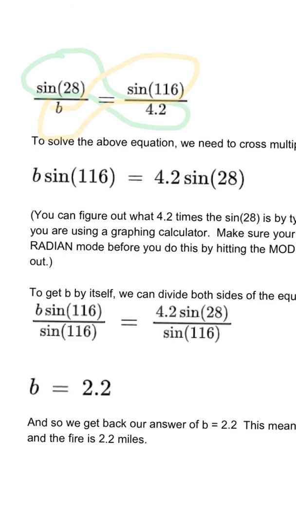So when we divide both sides of the equation by sine of 116, the sine of 116 is going to cancel over here. And notice here, when we do 4.2 times the sine of 28 divided by the sine of 116, we're going to get back 2.2, which shows us that the distance between firefighter A and the fire at angle C is going to be 2.2 miles.